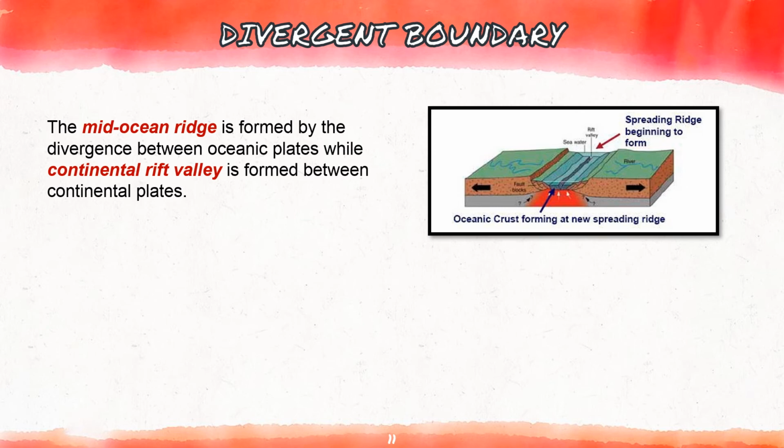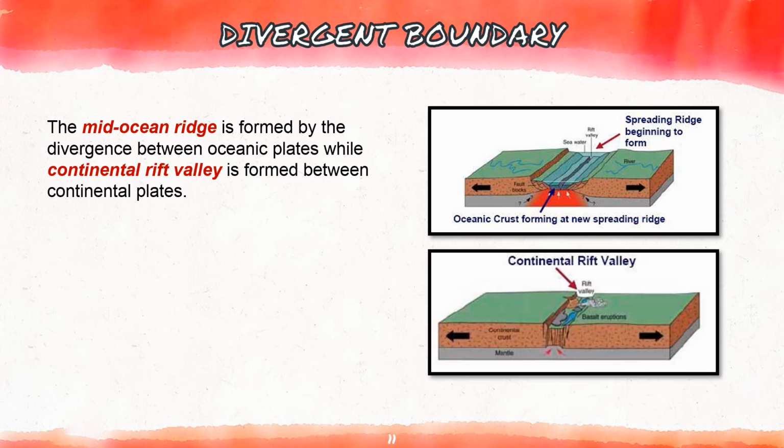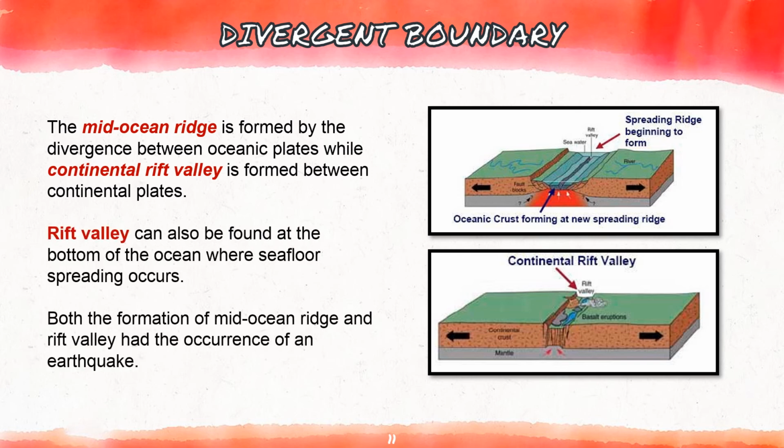The first one shows us a mid-ocean ridge, and this one shows us the continental rift valley. The rift valley can also be found at the bottom of the ocean where seafloor spreading occurs. Both the formation of mid-ocean ridge and rift valley have occurrences of earthquakes.